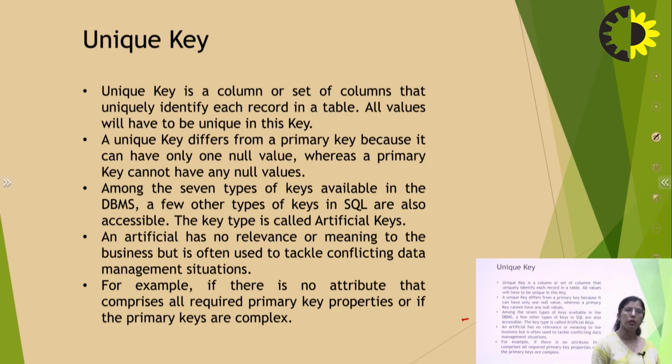The key type is called artificial keys. An artificial key has no relevance or meaning to the business, but it is often used to tackle conflicting data management situations. For example, if there is no attribute that comprises all required primary key properties, or if the primary keys are complex, in that case we can use the attribute as artificial key.